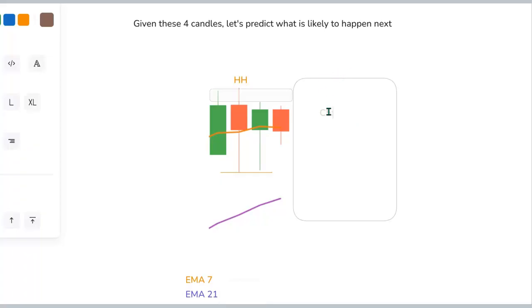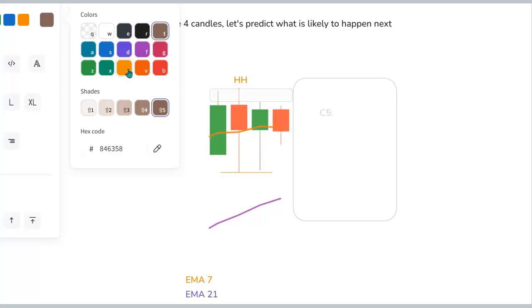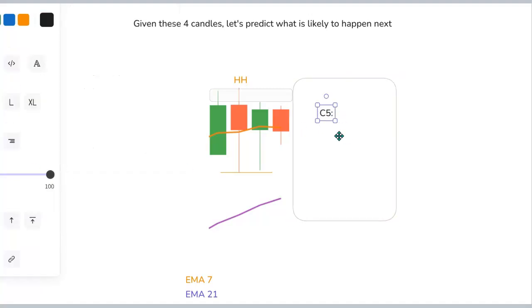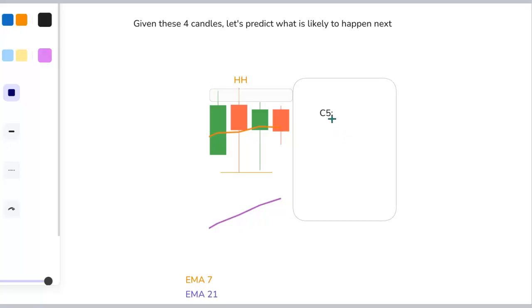So what we could make as prediction is likely, so for candle 5, it's quite possible that we get a bear candle.